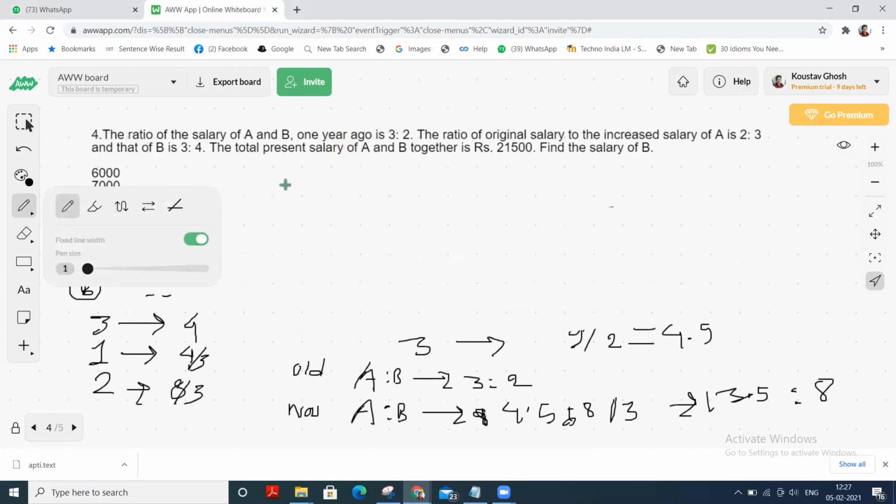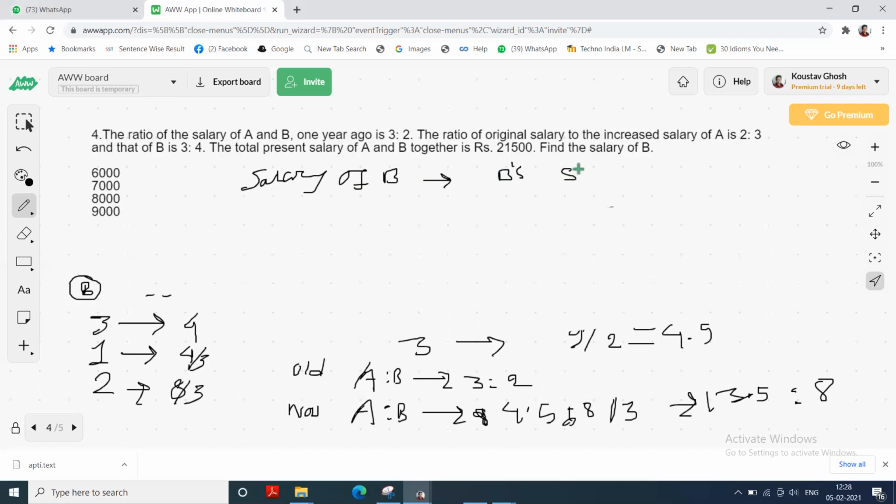Now the salary of B is B's share divided by sum of ratios, multiplied by total salary.